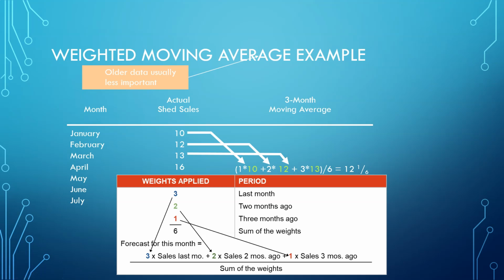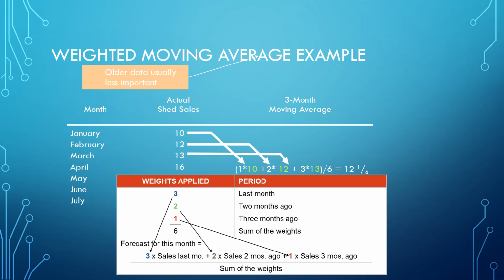So going back to the previous example, if we assume that weights apply to this type of data and that the recent month will have the weight of 3, while the one before will have a weight of 2, and the one before that the weight of 1, then the summation of the weights will be 6.